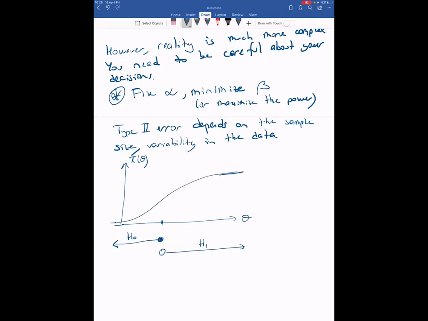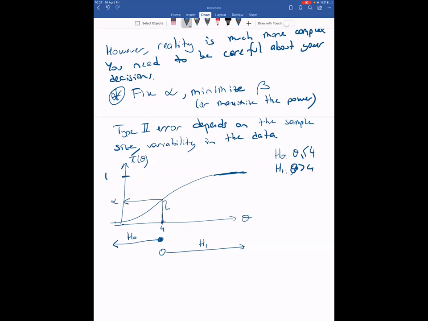So this still goes to 1. It's a probability. Let's say we state in our null hypothesis that theta is less than or equal to 4, and the alternative is theta greater than 4. So let's say this is 0.4. This level here gives us the alpha level.